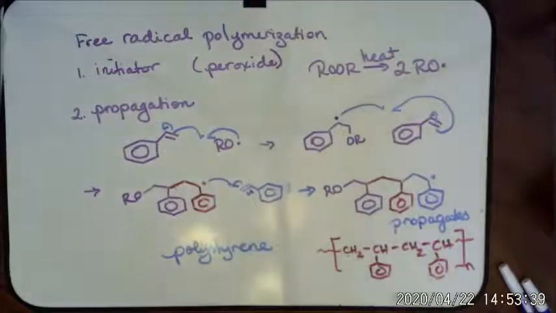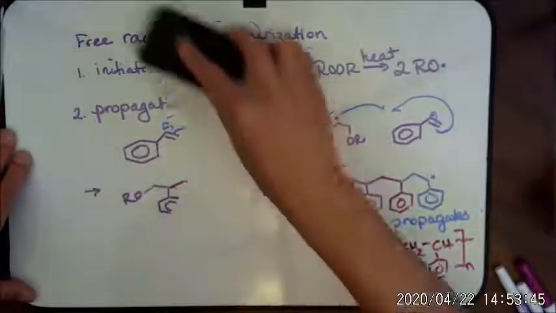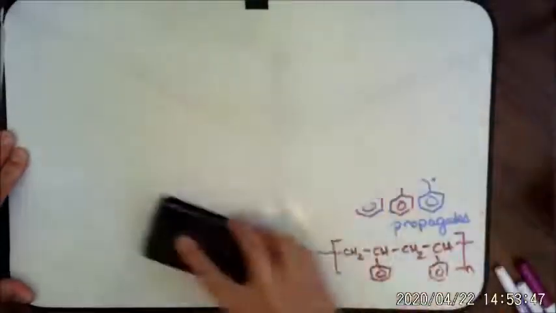Alright, so let's move on to metathesis. And we won't spend a lot of time, but you should know what metathesis is. It's gained a lot of headway in organic chemistry because of its versatility. So let me just tell you what it is and give you an example.